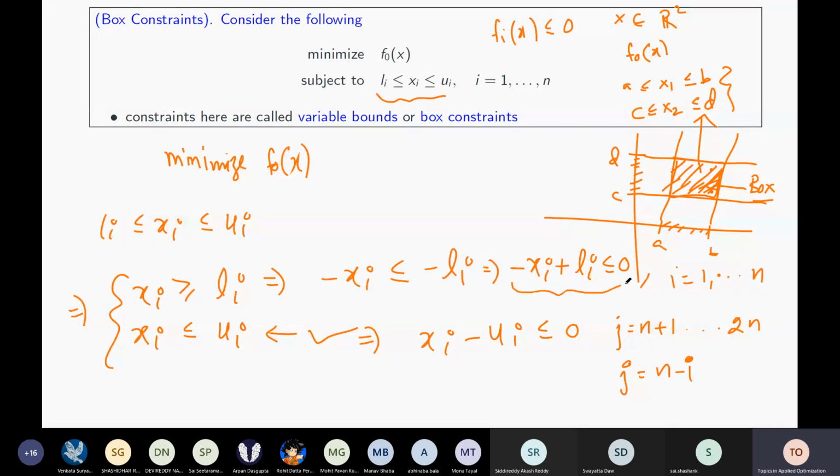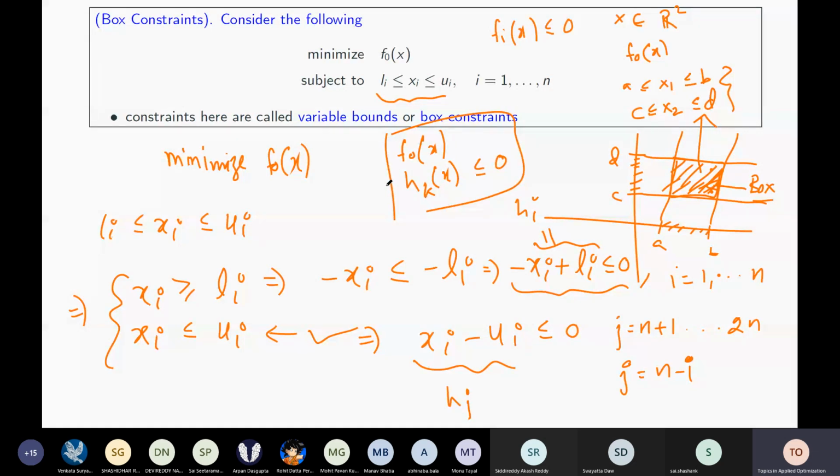The first n inequalities satisfy this with hi defined like this, and then I have another set of n inequalities for which hj is defined like this. Then I will club them together and write: minimize f naught x such that hk x is less than or equal to 0, where k takes care of all i and j combined. So this becomes standard form now.